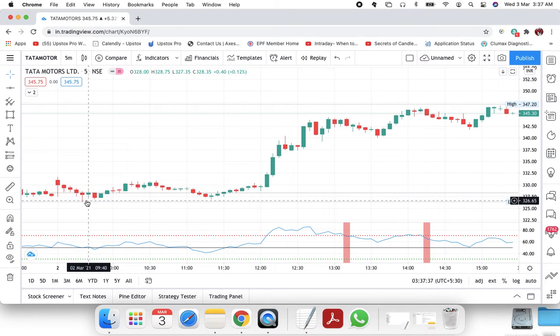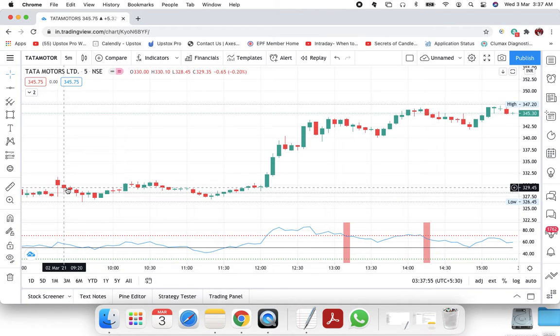So how do we decide when to exit? If it is a downtrend, then the consecutive candles' close should be lesser than the previous candle's close. So the previous candle's close price should not be broken by the next candle. Whenever that close is broken, there is a possibility of trend reversal.